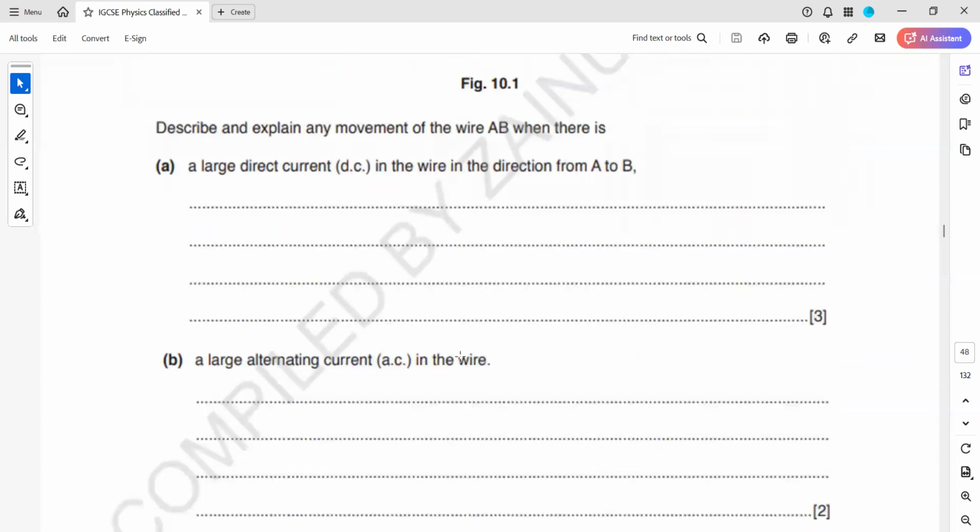So how do we get the 3 marks? First, explanation is there because we have to describe and explain any movement.